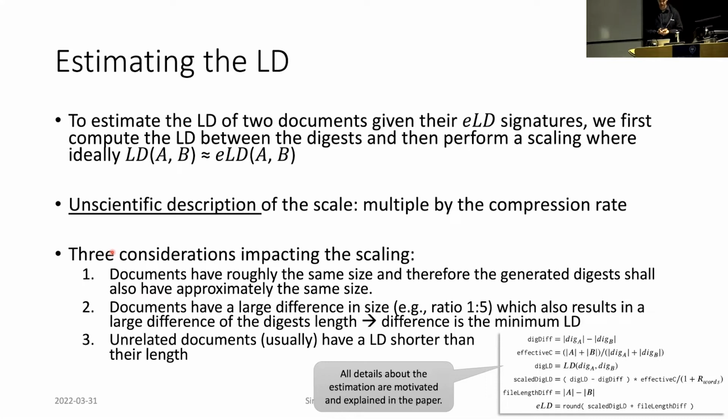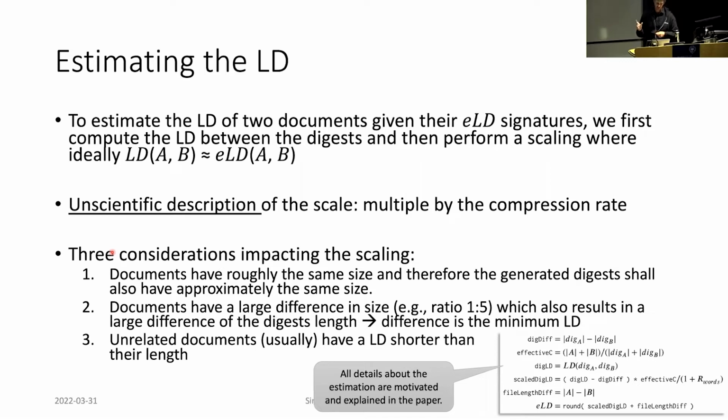So we have some very simplistic math to do here, but it's not a single multiplication. The three considerations here are that documents that have roughly the same size will have roughly the same size signature. This in return means if there's a large difference in size, they will also have a difference in length, and this difference in length is already the minimum distance that they will have.